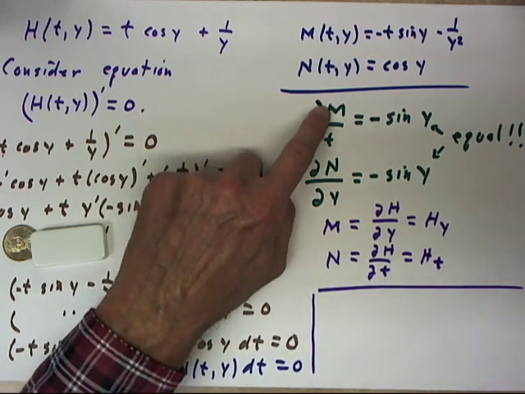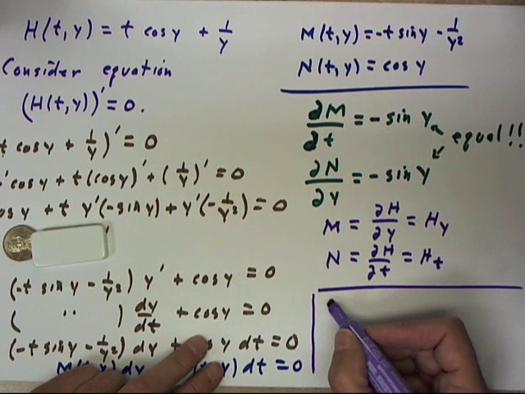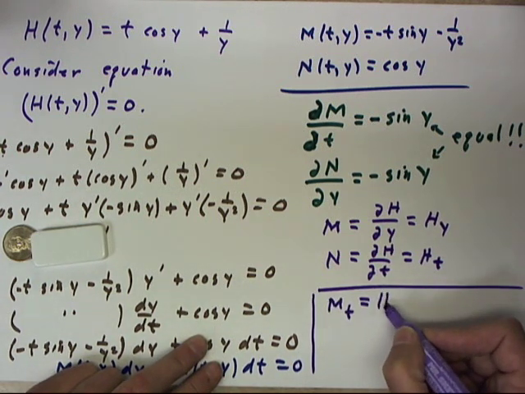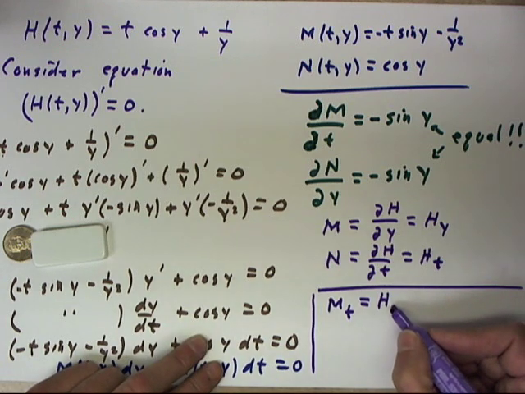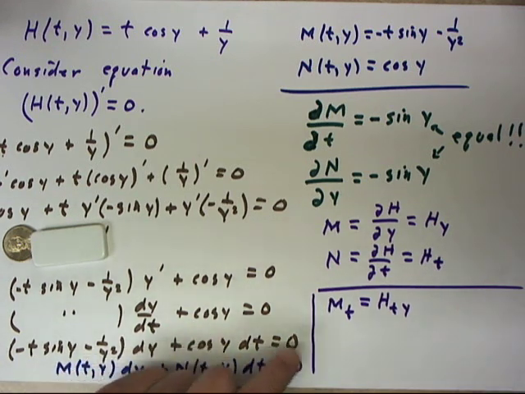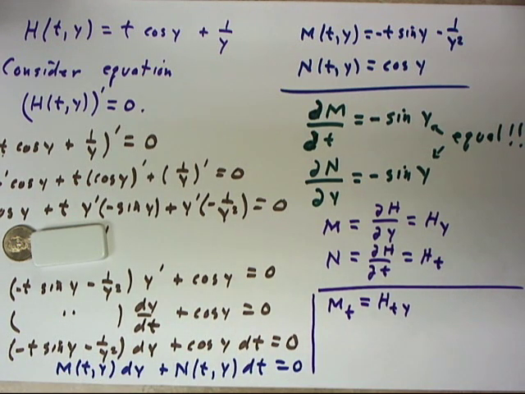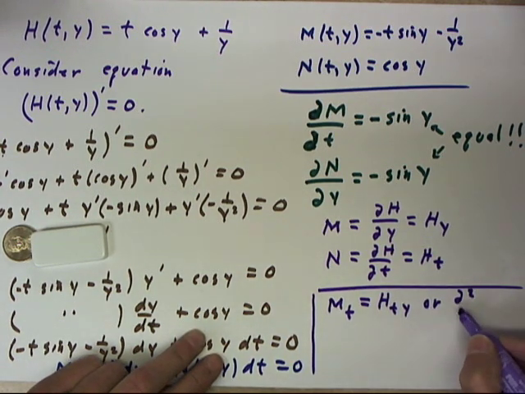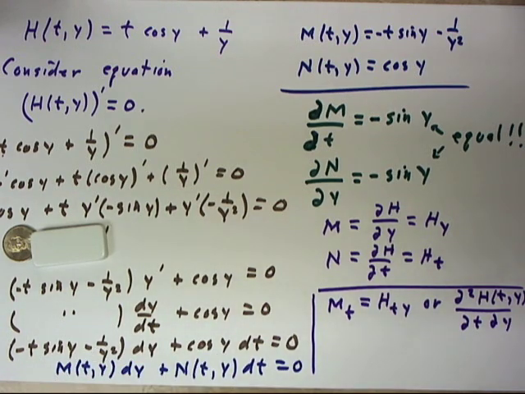It follows that derivative of M with respect to t is the derivative of h with respect to t and with respect to y. The second partial derivative of h of t,y with respect to t and y.